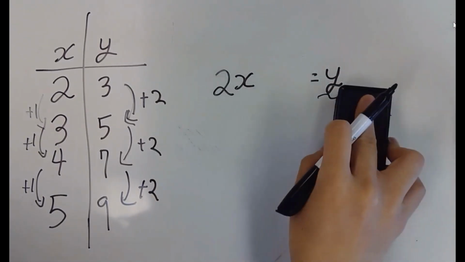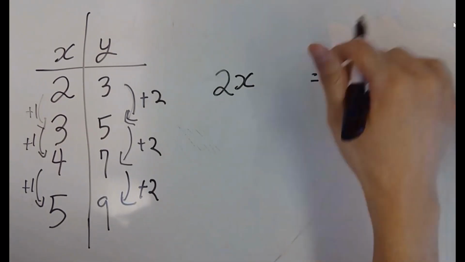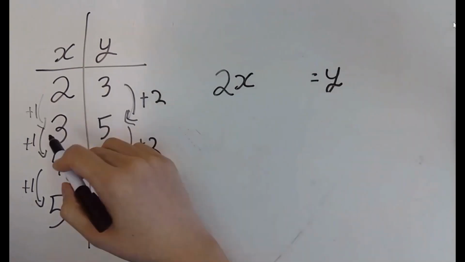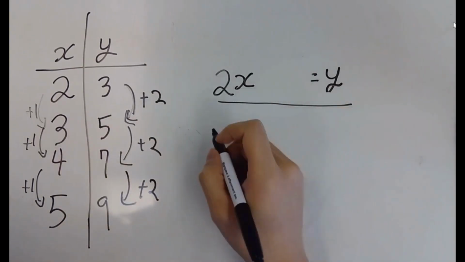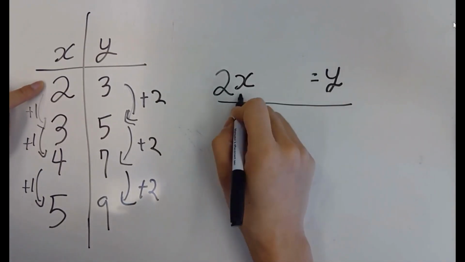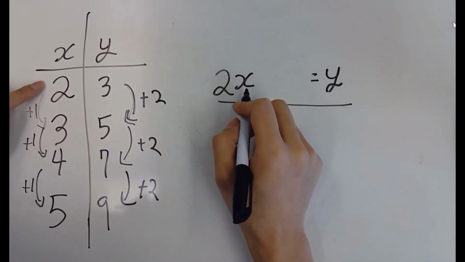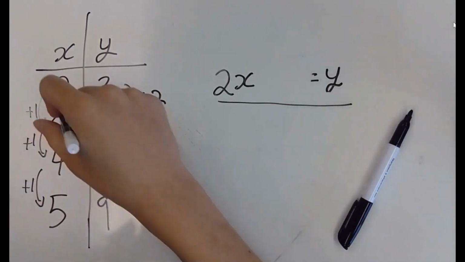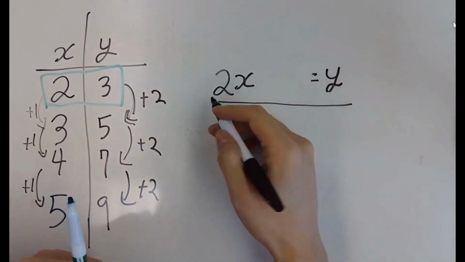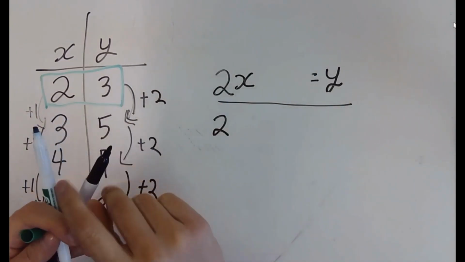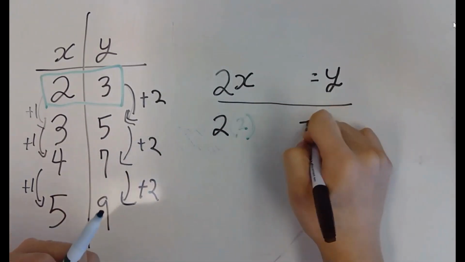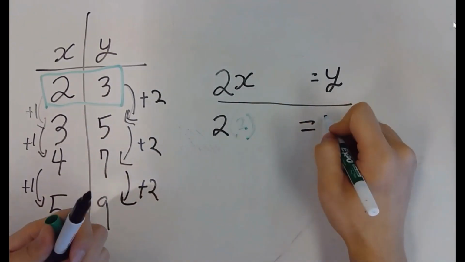So next is plugging in any values of x and replacing x and y in this equation. I'm going to choose the first value. I'm just going to simply replace x with a 2. I'm going to choose these pairs and replace them here. So I know that 2 times 2 is going to have to equal 3.